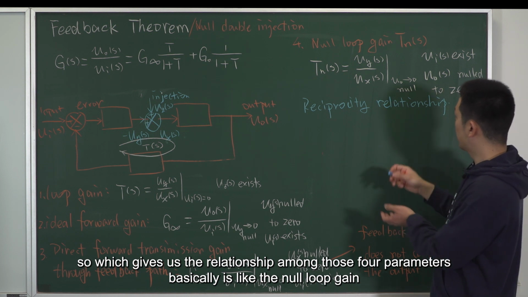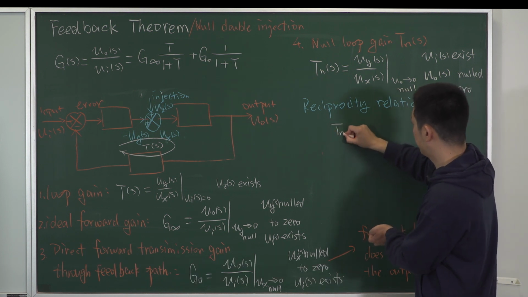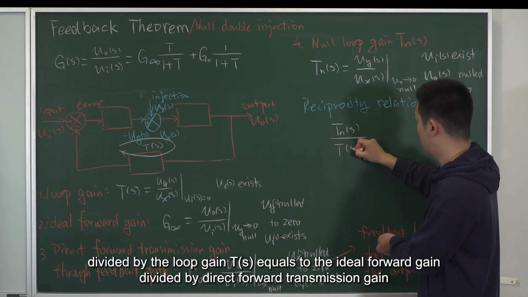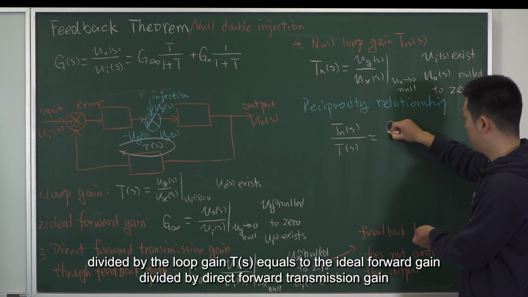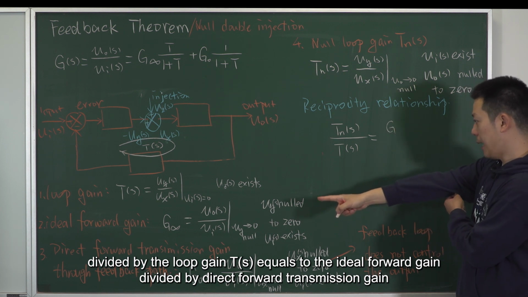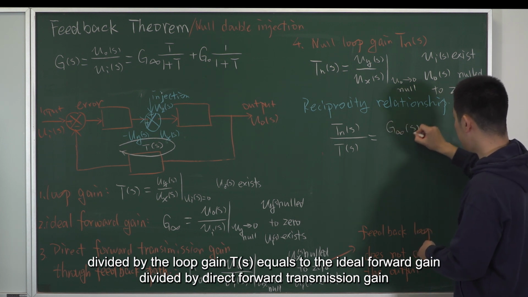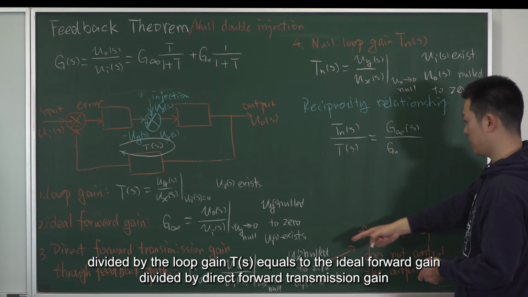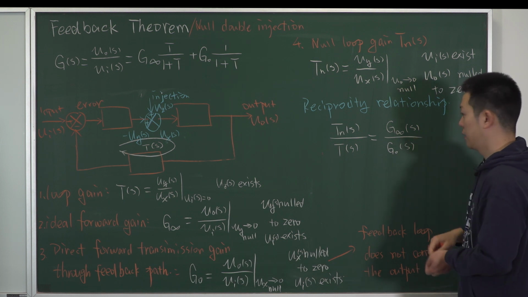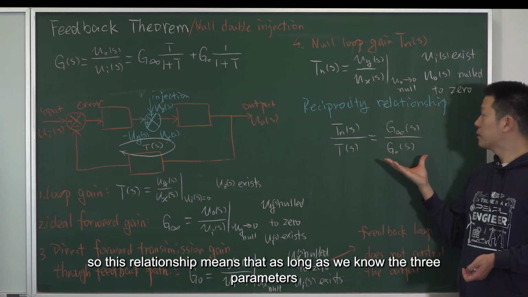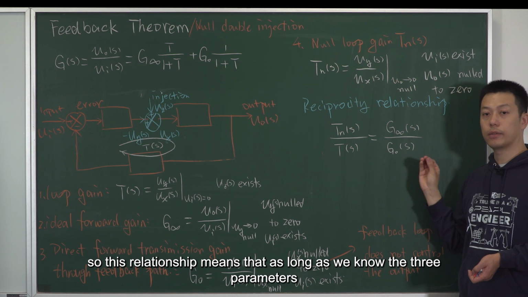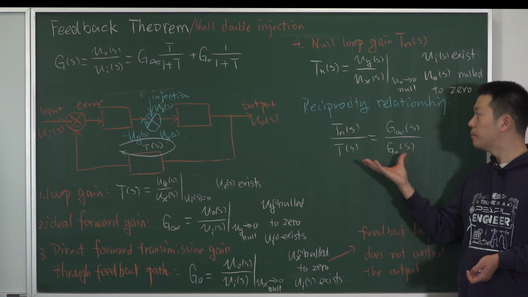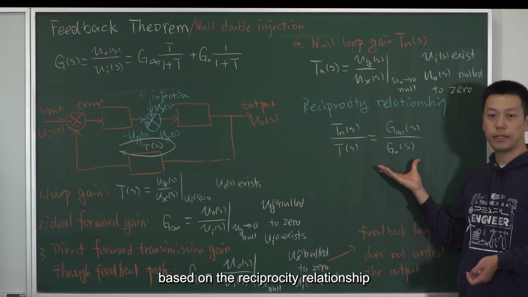Basically, the null loop gain Tn divided by the loop gain Ts equals the ideal forward gain G infinity divided by the direct forward transmission gain G0. So this relationship means that as long as we know 3 parameters, we can find out the 4th one based on the reciprocity relationship. Okay.